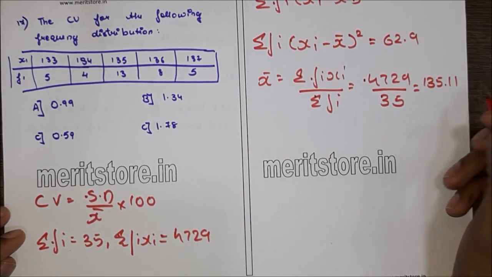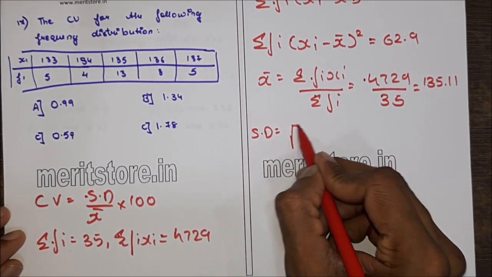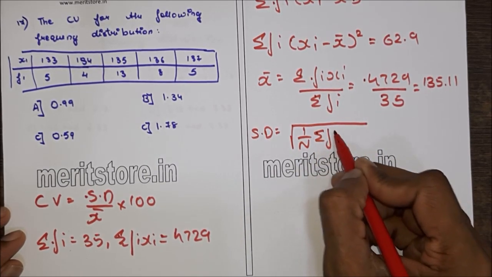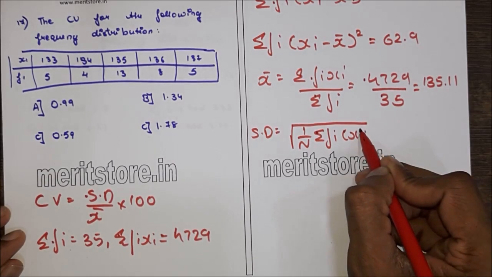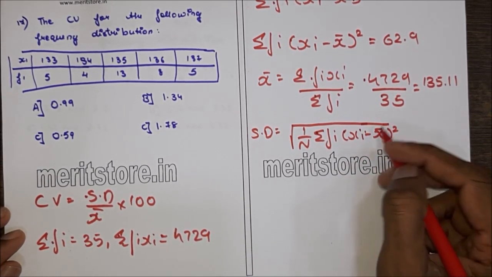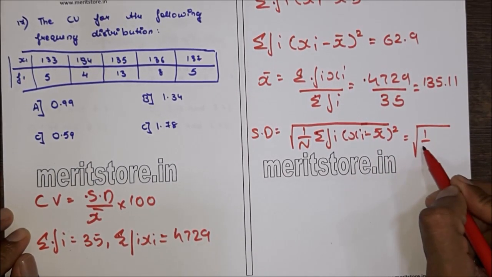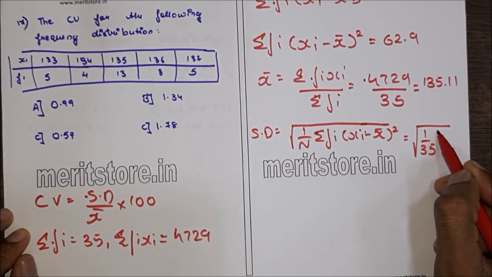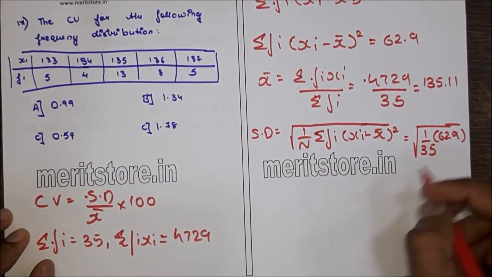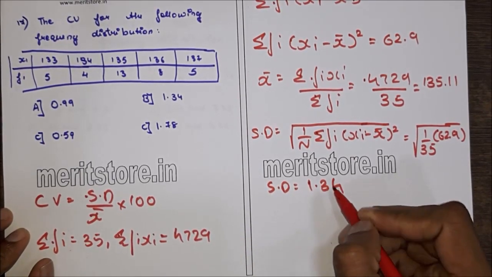135.11. The standard deviation we have is under root of 1 by n summation of Fi (xi minus x bar) the whole square. Substituting the values we get under root of 1 by 35 into 62.9. Further solving this we get standard deviation is equal to 1.34.